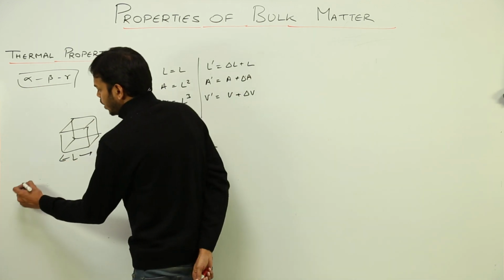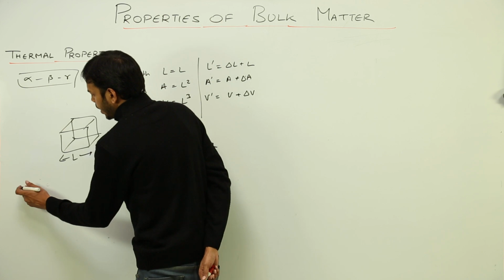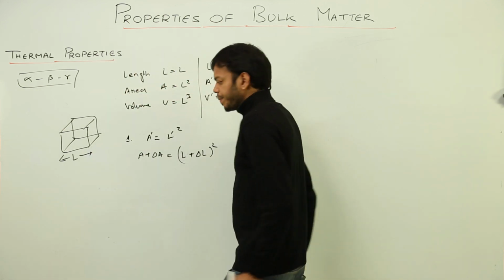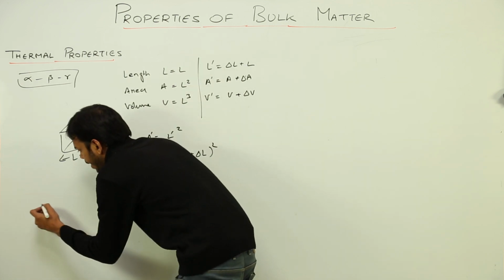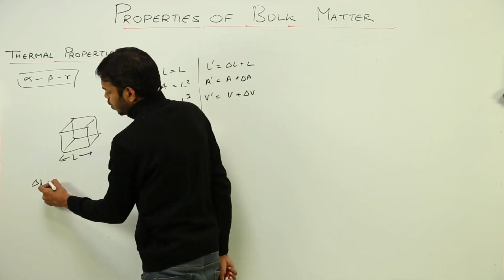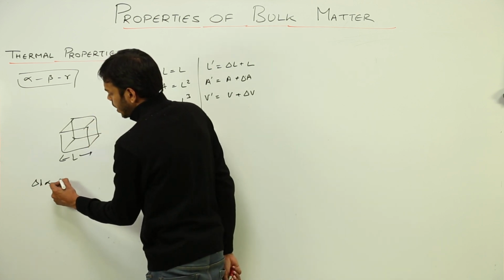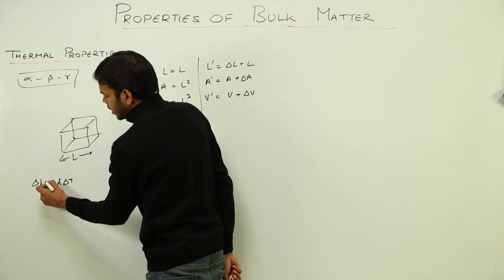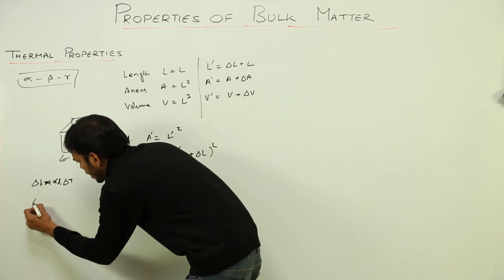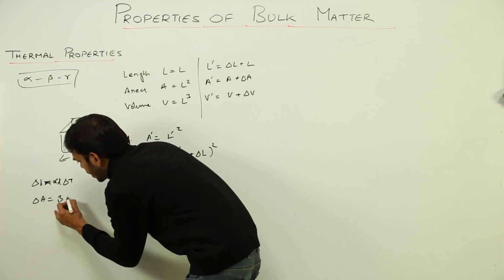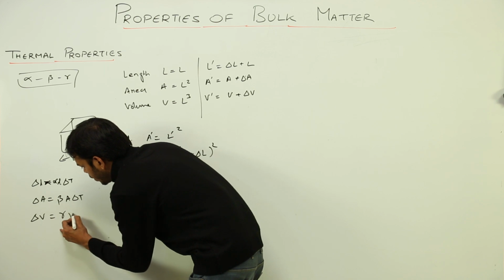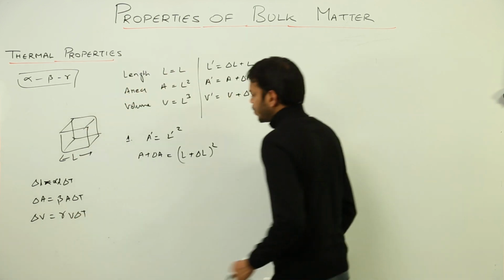If I have to write the values of those three formulas, let me derive them out. Delta L is proportional to L and delta T, so delta L is equal to alpha L delta T. That means delta A would be equal to beta A delta T, and delta V would be equal to gamma V delta T. These are the three formulas which I am looking for.